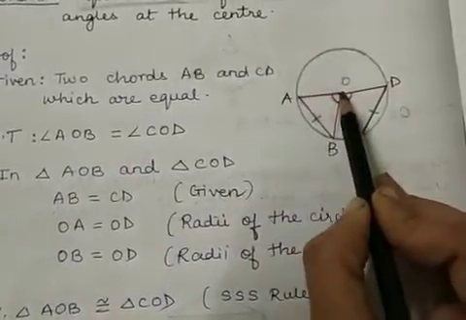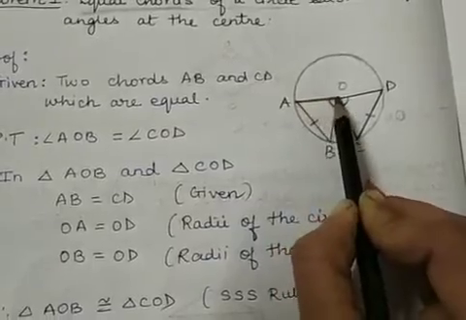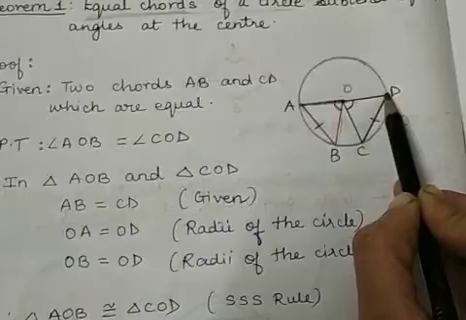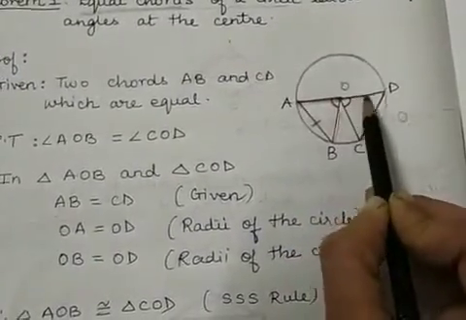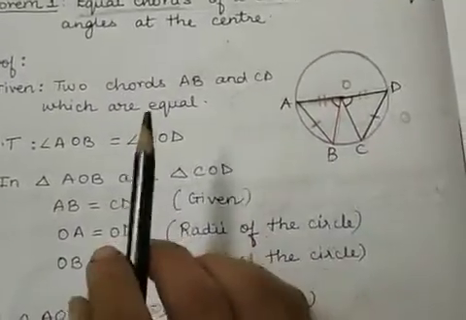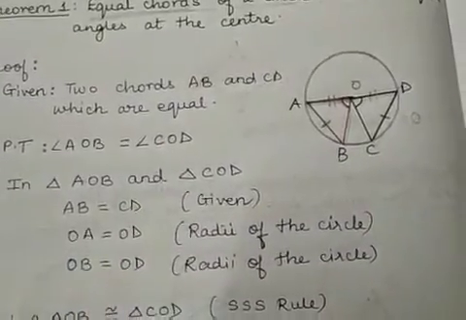Now what is OA? If you look at the figure, OA is the radius of the circle. Even OD is the radius of the circle. So OA will be equal to OD, because they are the radii of the circle. Now which is the third side you can consider?